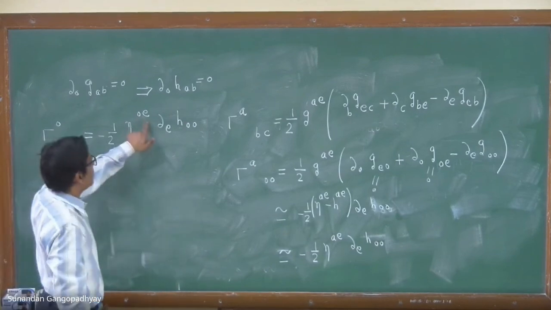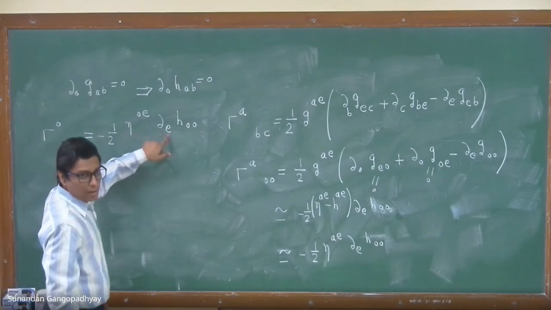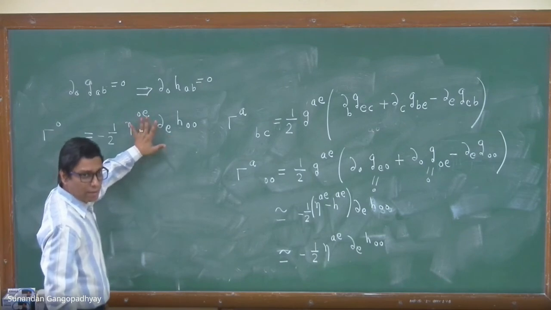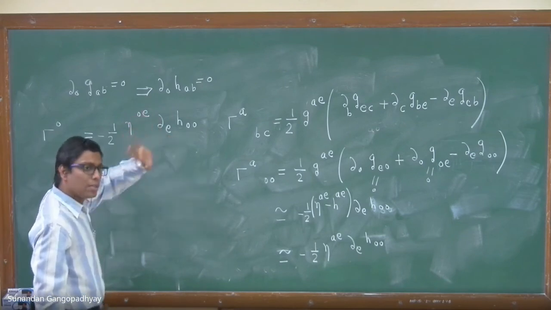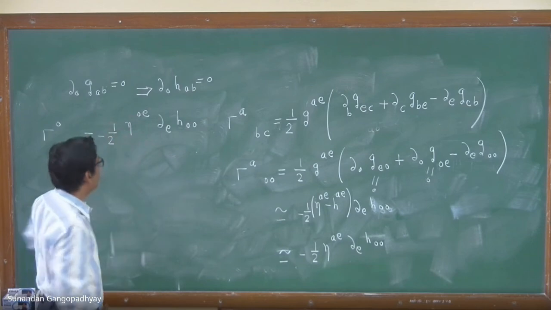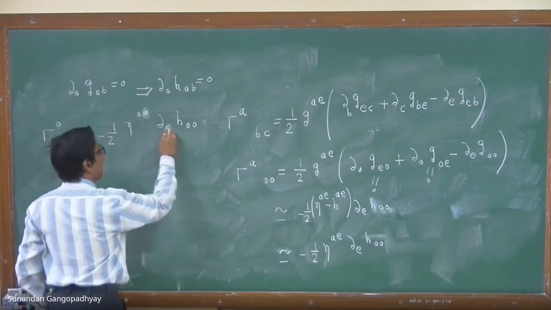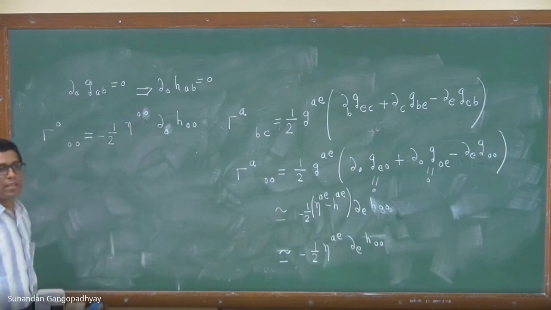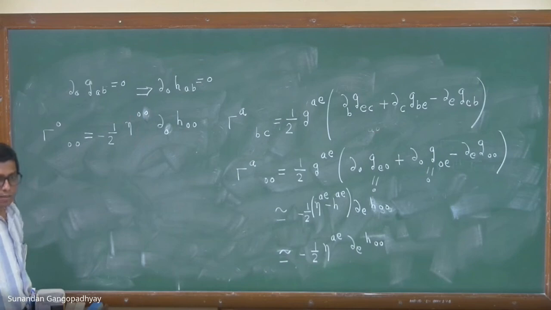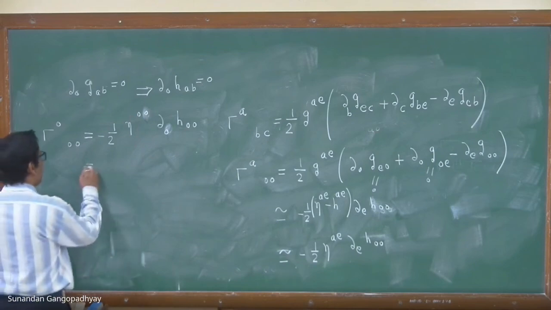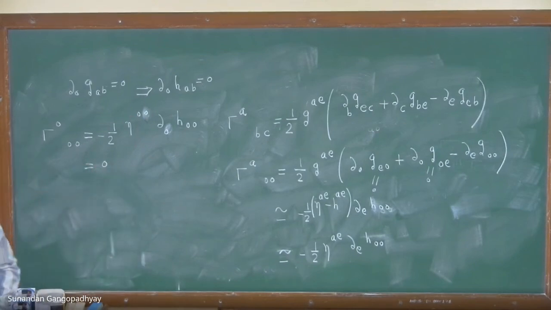But this is a sum over E, and this is a diagonal matrix. The eta 0 I components are all 0, so the only component which survives is this one. And what is del 0 of H00? Again, it is stationary, so it is 0.